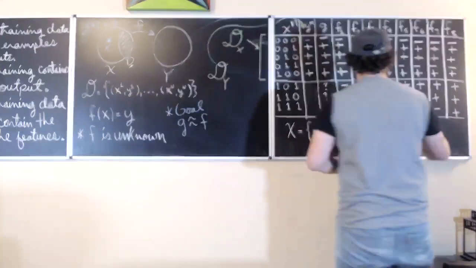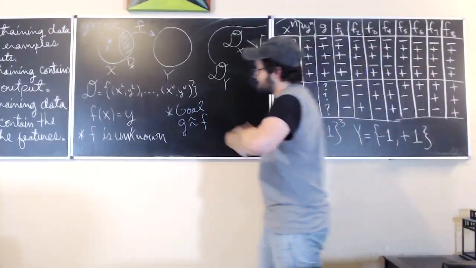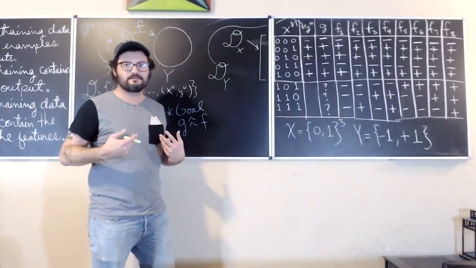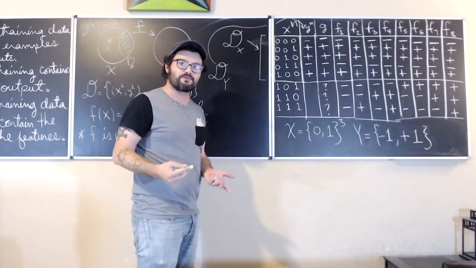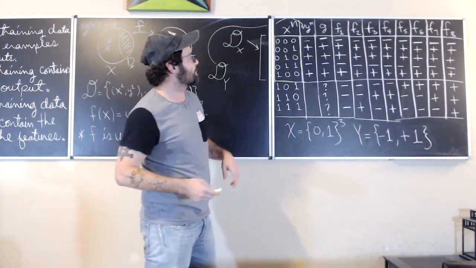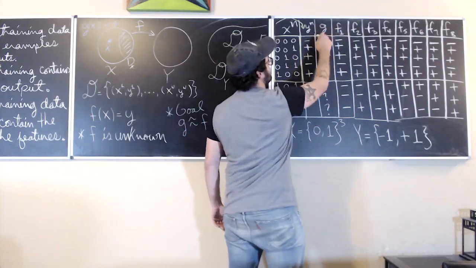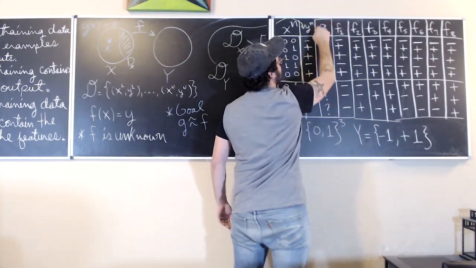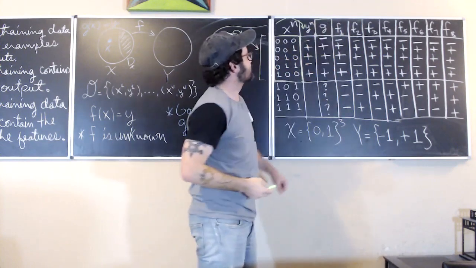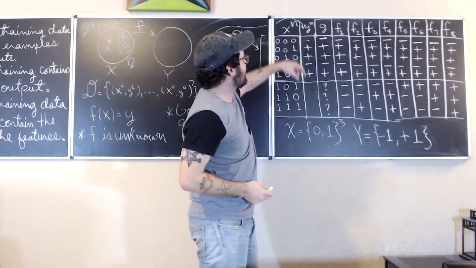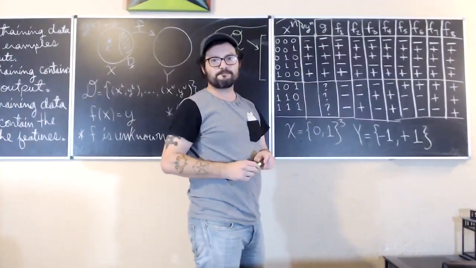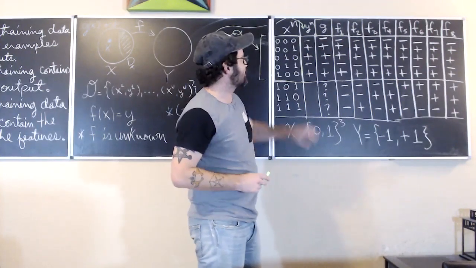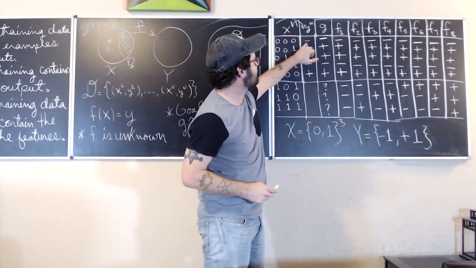So now, suppose we're able to train an algorithm to find a G that we want to approximate F. So here's G, this column right here, that's the G that we found. And on the data that we have, we predict the correct labels. You see that, that matches up, right?